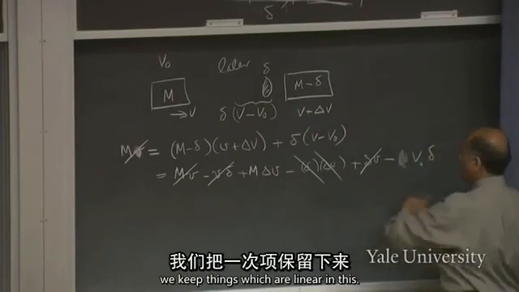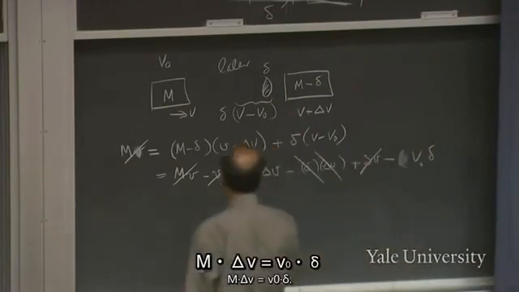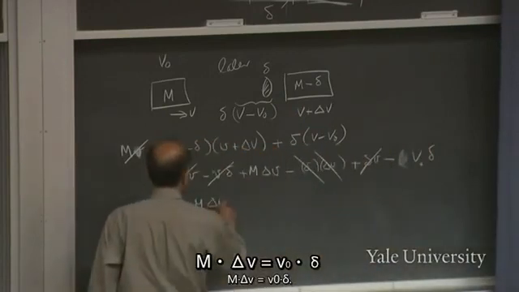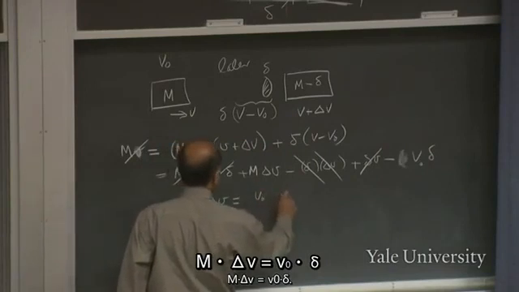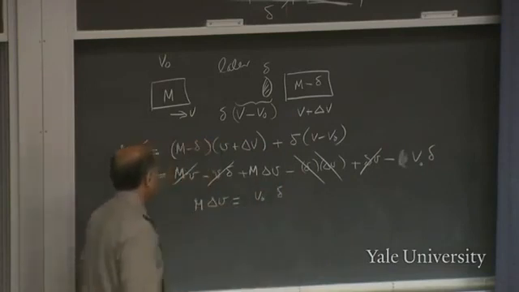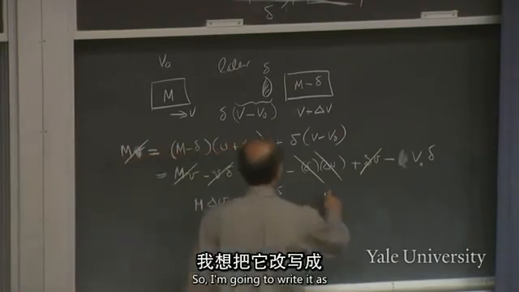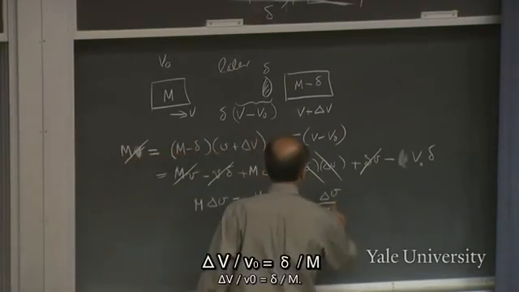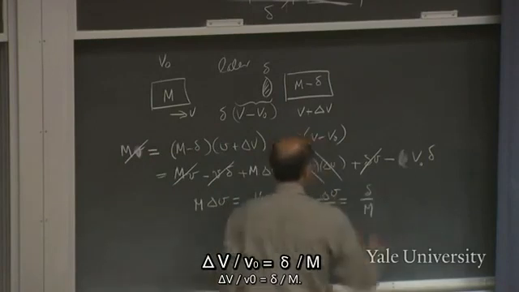We keep things which are linear in this. Then you get the result, m times delta v is equal to v0 times delta. So I'm going to write it as delta v over v0 is equal to delta over m.